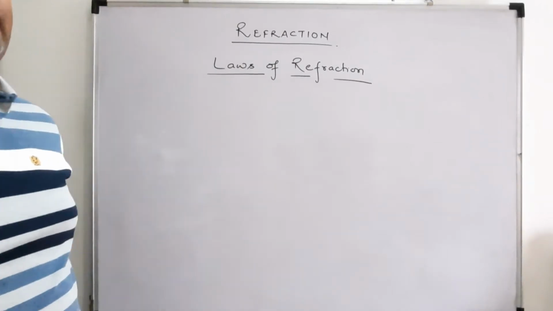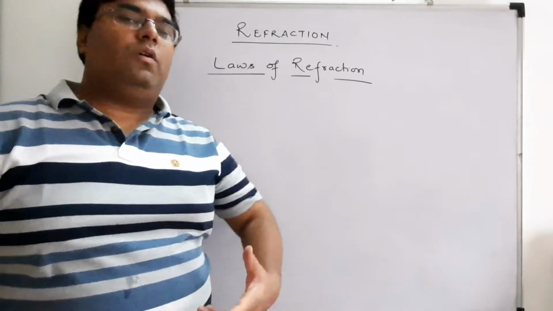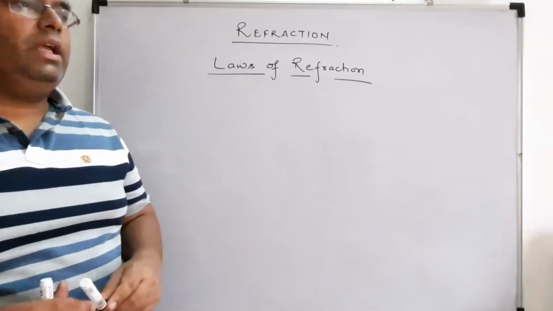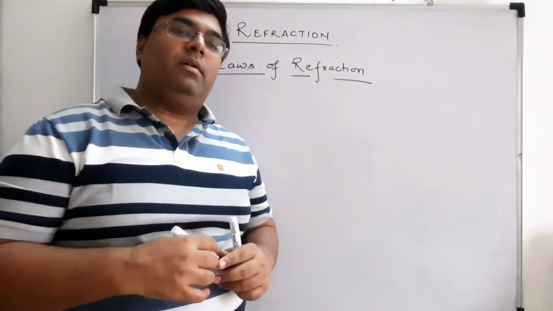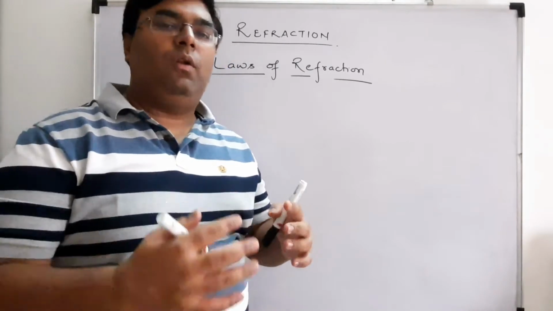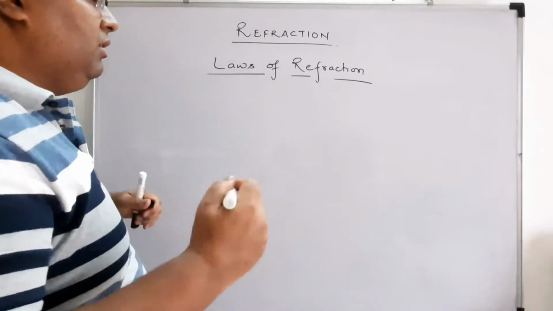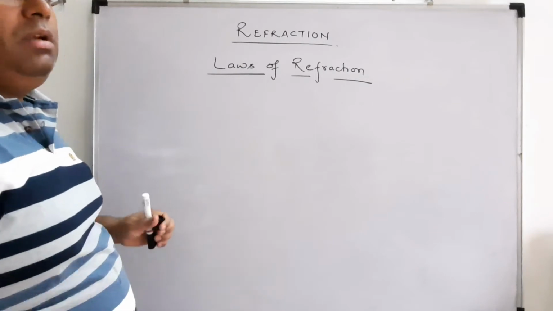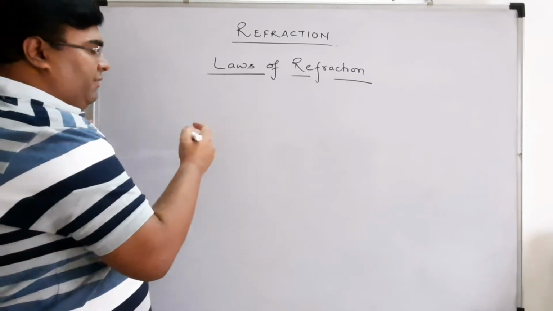Okay, now let us learn the laws of refraction. Just as we had laws in reflection, we also have laws in refraction. The first law is very similar to our laws of reflection.